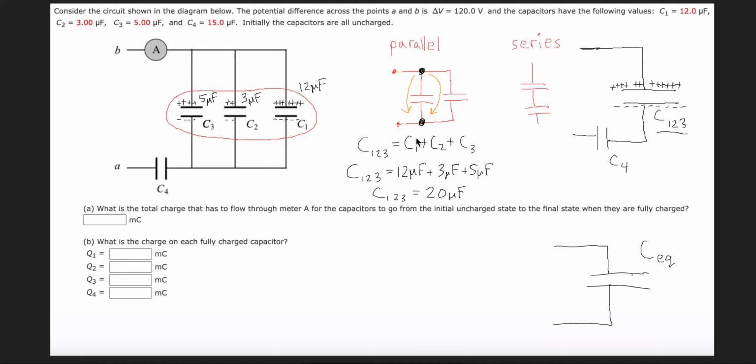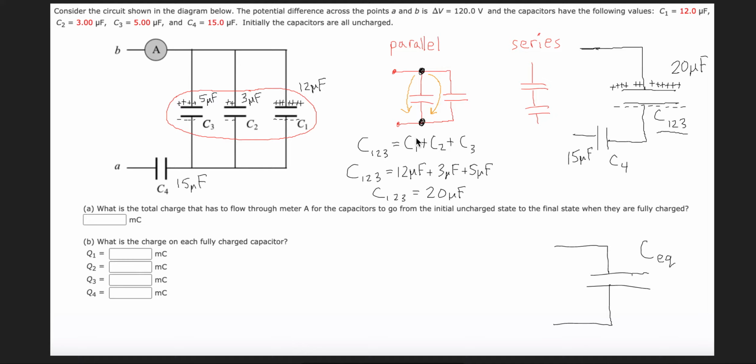Now when we look at our new drawing, we can put that in. And the C4 remains what it was, which was 15. So let's put that in as well. The hard part is when it comes to series. Series doesn't have a nice mathematical formula like that. It's a little bit more complicated.